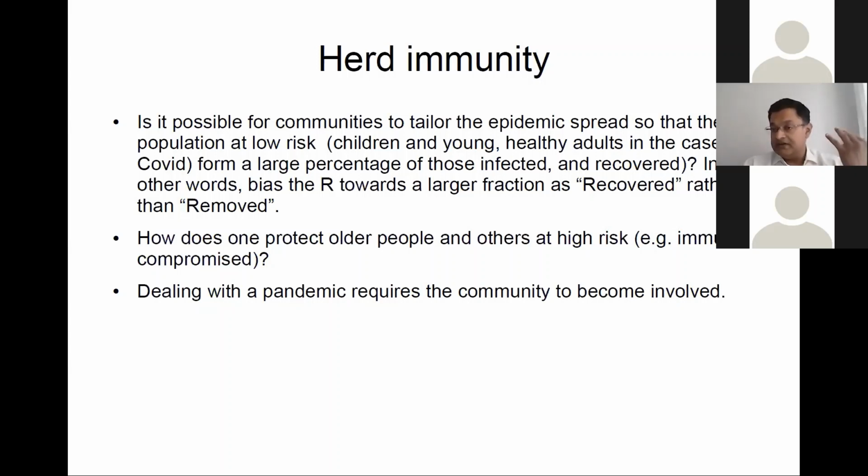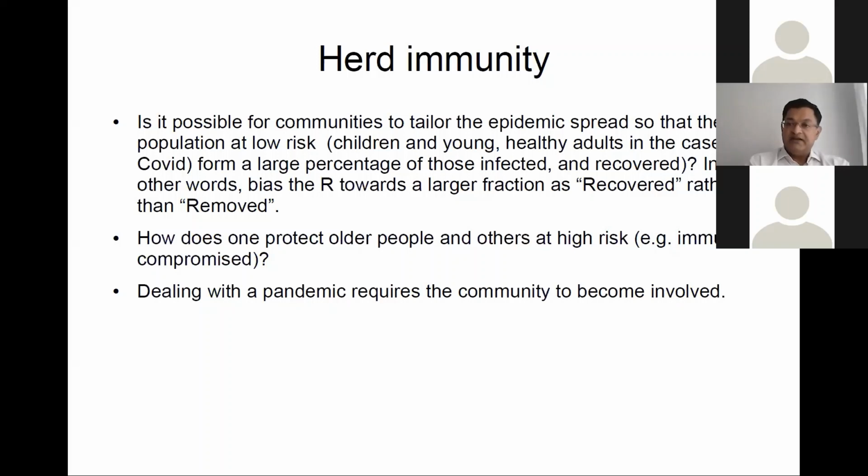By doing this, one might imagine you can protect a substantial portion of the population, so they all become recovered rather than a large fraction of them becoming, quote unquote, removed. So one would disproportionately try to protect older people in SARS-CoV-2 because that's the population at larger risk. Older people above 65, especially if they have comorbidities, and those that are immune compromised are at larger risk. So you would like to disproportionately tailor your efforts towards protecting those people.